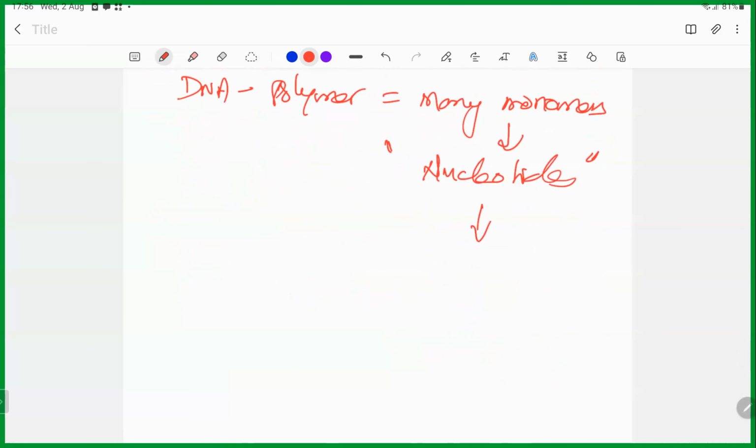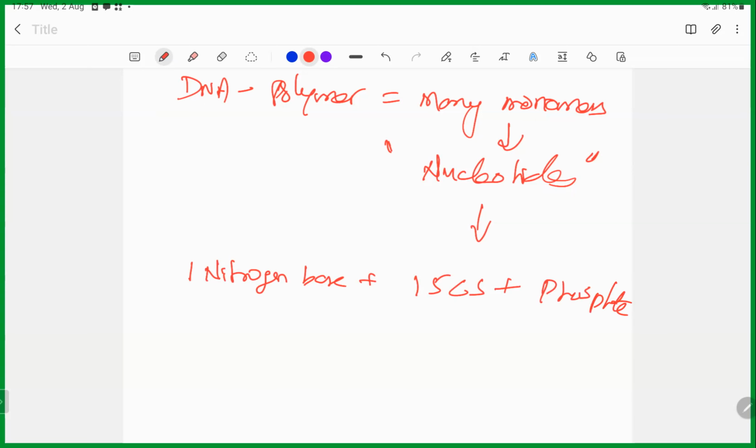A nucleotide consists of three basic units. Maybe in your yellow material you can see the three basic units: one nitrogen base plus one 5-carbon sugar plus a phosphate group.